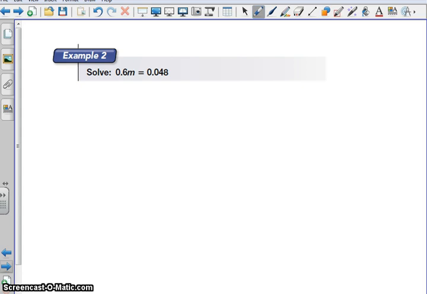For example 2, we're going to solve 0.6 m equals 0.048, and we're solving for m.